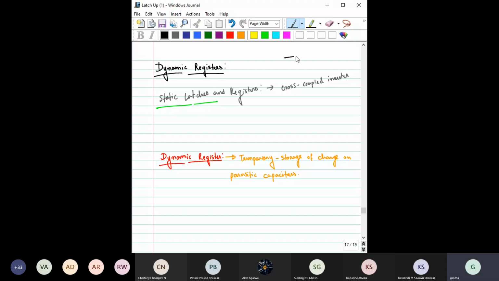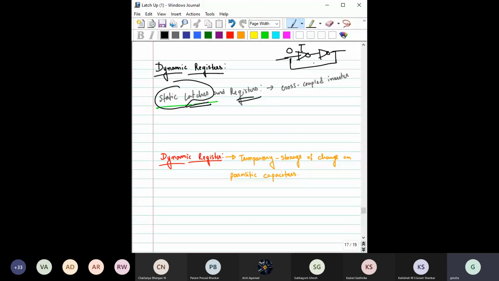This is a static latch and it can store either 0 or 1 depending upon the input, until the power, that is VDD, is there. It will remember it. It is basically the cross-coupled inverter, bistable element.